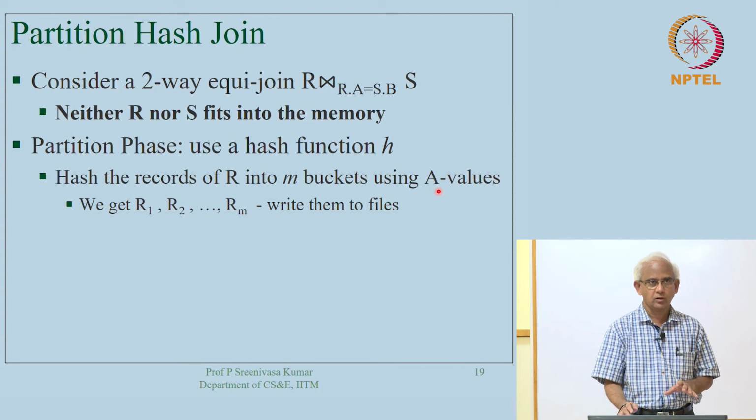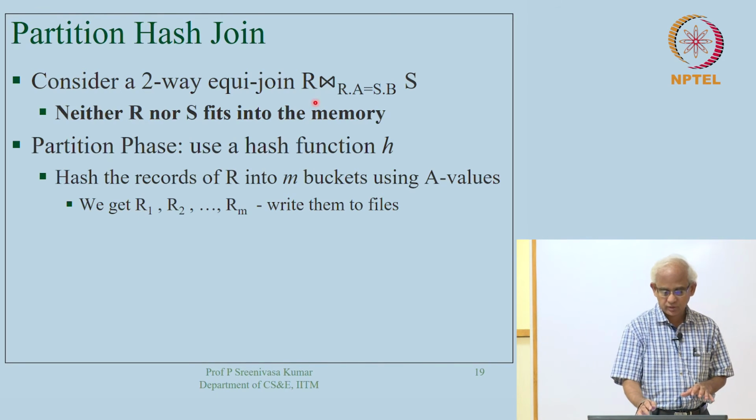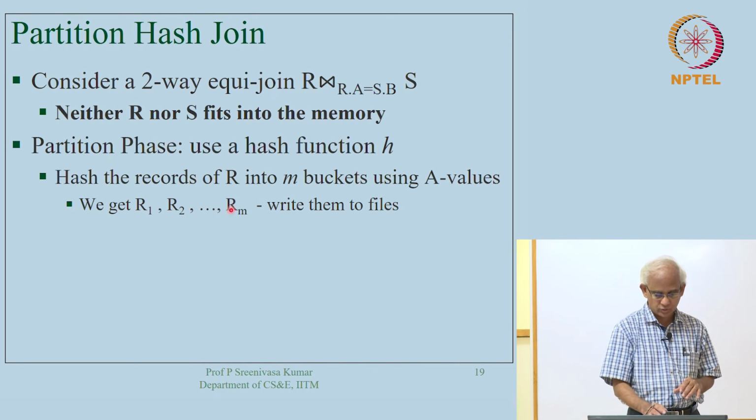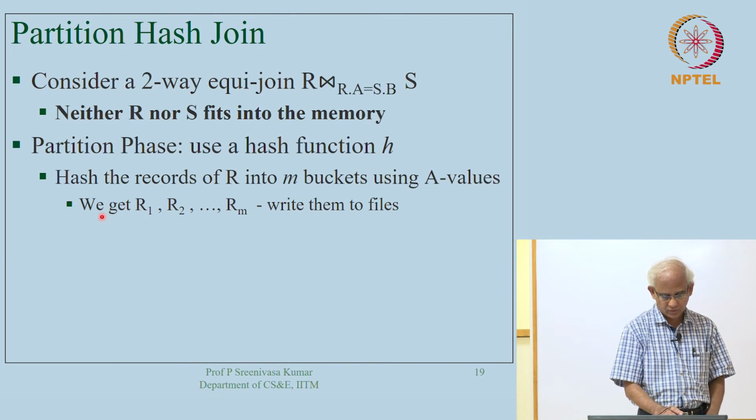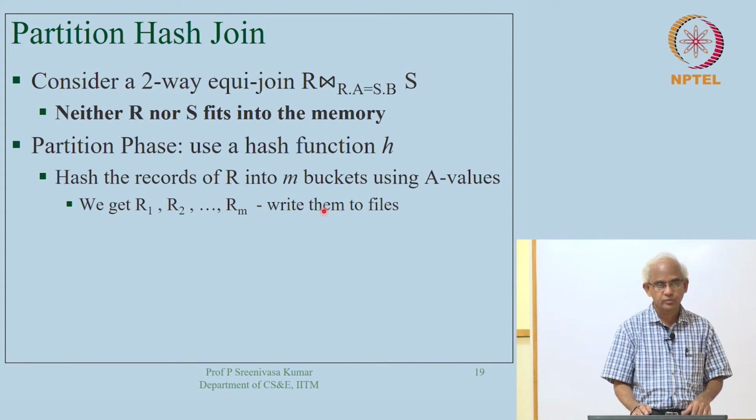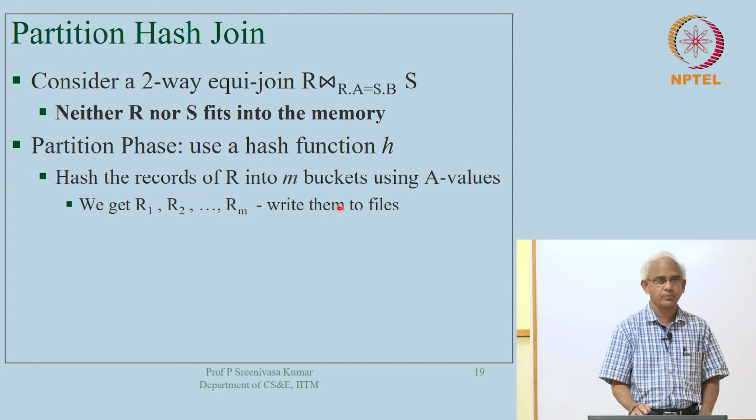Now, the file R is big, so you can use memory buffers for each of these buckets, and as soon as those buffers get filled, you write them to the disk. So, write all these R1, R2, Rm back as files.